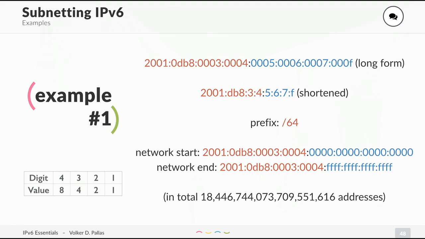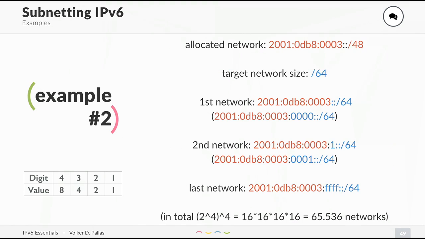You can again use the chart on the left, which you can see is easier, because before we had 8 bits and now we only have 4. In this case, the network is a /48 and the target network size is a /64. I will tell you about the different sizes later. What is your first network and what is your second network? Well, the first one is the network address of the large one.